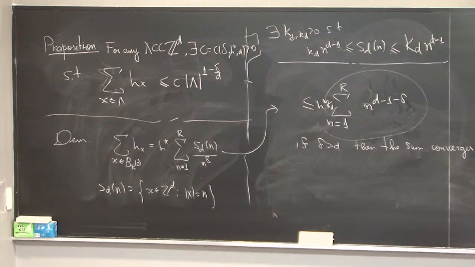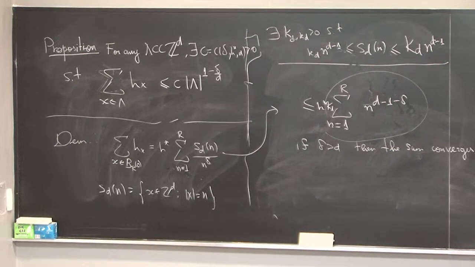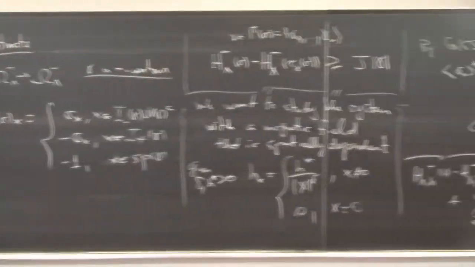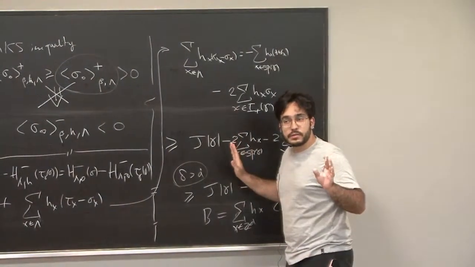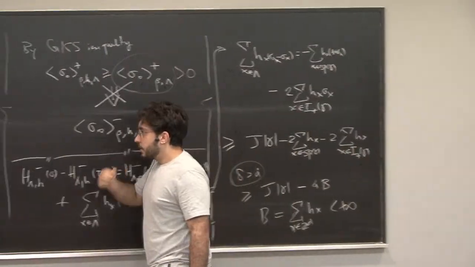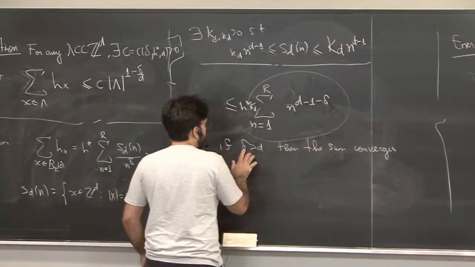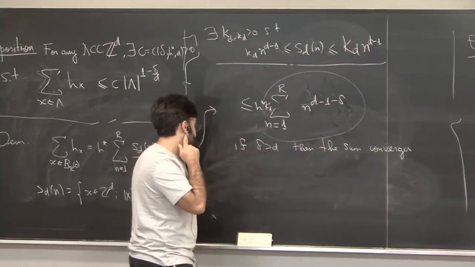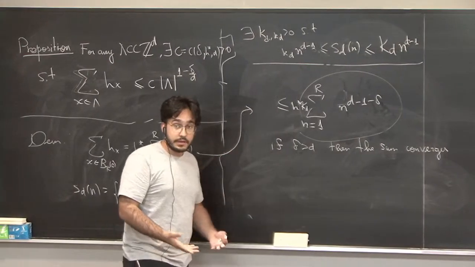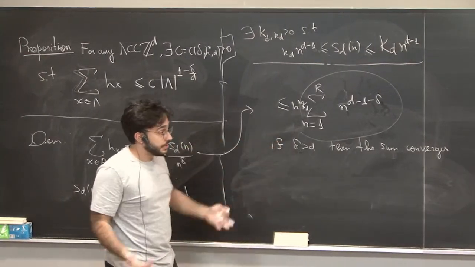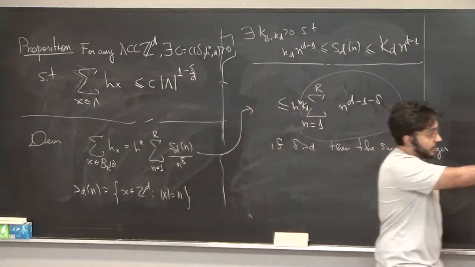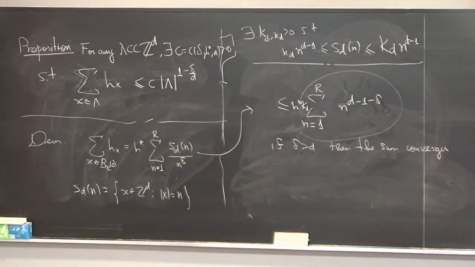Since this converges for delta larger than d, this is a finite number, and this is just a constant, and for the Peierls argument it doesn't matter. Last class, I restricted myself to the case where delta was less than d, and this is why: because if delta is larger than d, it converges, and the Peierls argument holds without any problem.